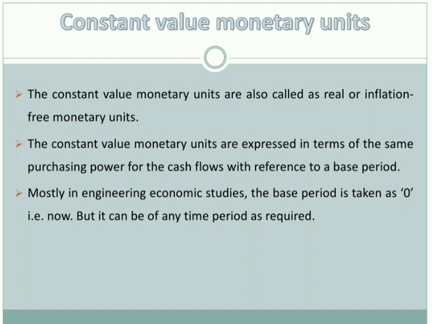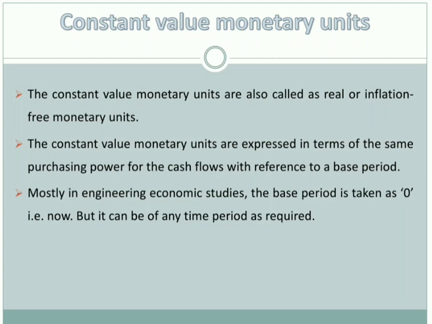So what is a constant value monetary unit? It is a fixed value, a fixed reference which we take for making a calculation. For example, if we had 5,000 rupees in 1990, what would have been the value of that 5,000 as of today?